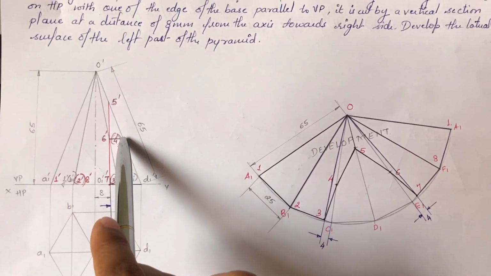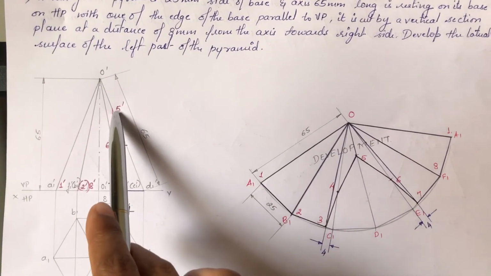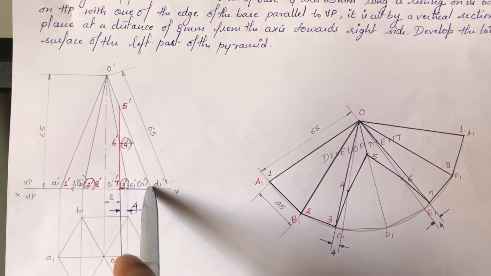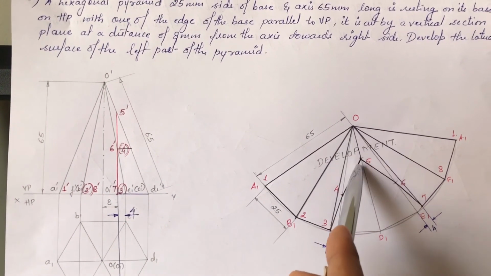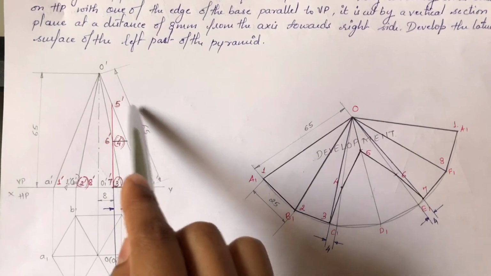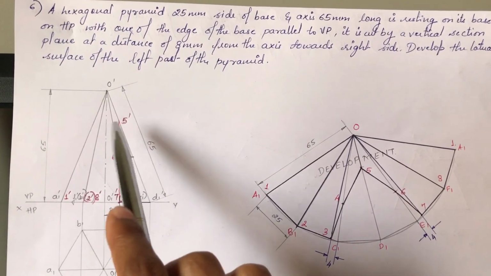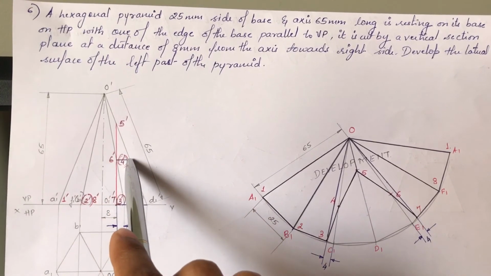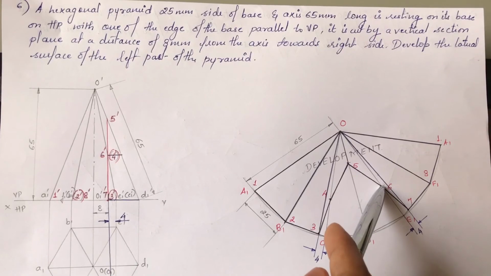From here you have to measure till here, and that should be marked on OC. 5 is already on the true dimension slant edge. So you measure O to 5 dash and you mark O to 5 on OD. Next 6, again it is on the apparent dimension, so you project 6 here on OD, and from O you take the marking till here, and this has to be marked on this OE.